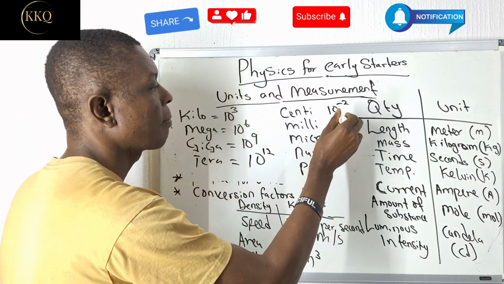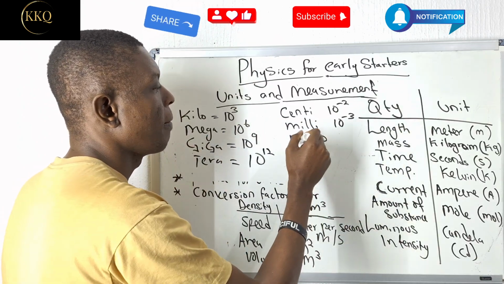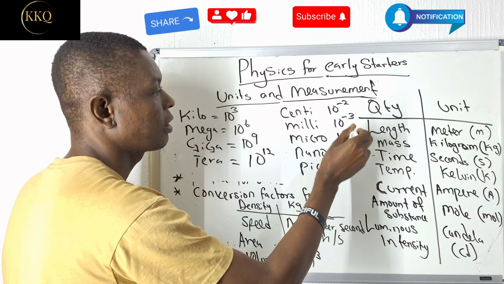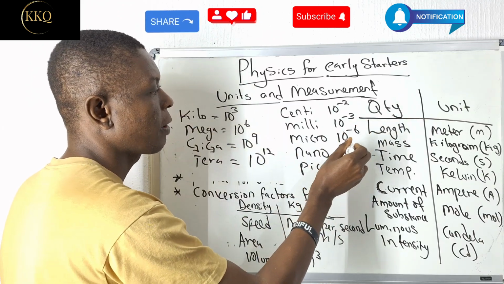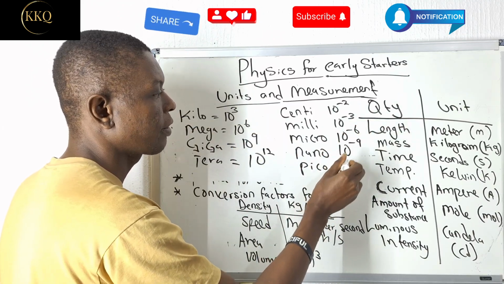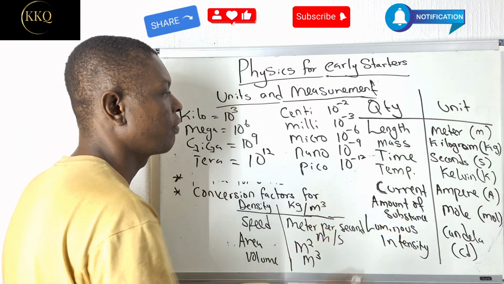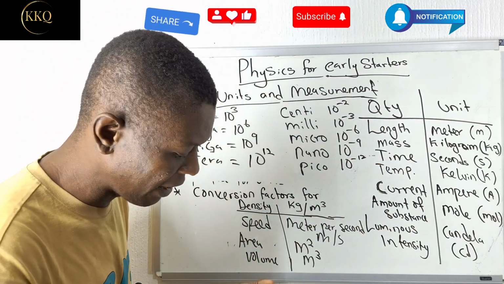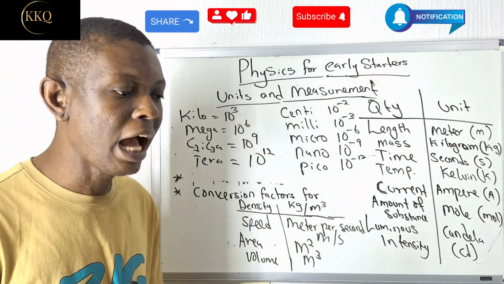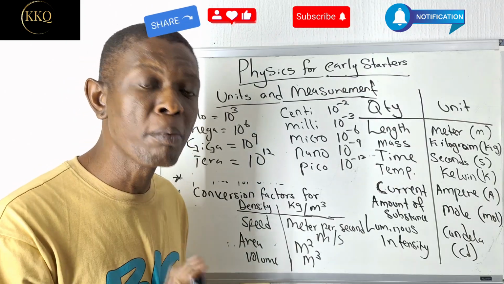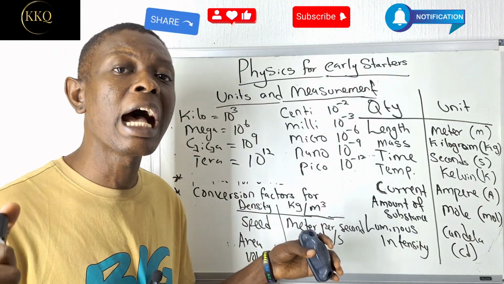Milli is 10 raised to power minus 3. Micro is 10 raised to power minus 6. Nano is 10 raised to power minus 9. And pico is 10 raised to power minus 12. So all this helps us in presenting our units and our quantities in smaller or bigger dimensions.